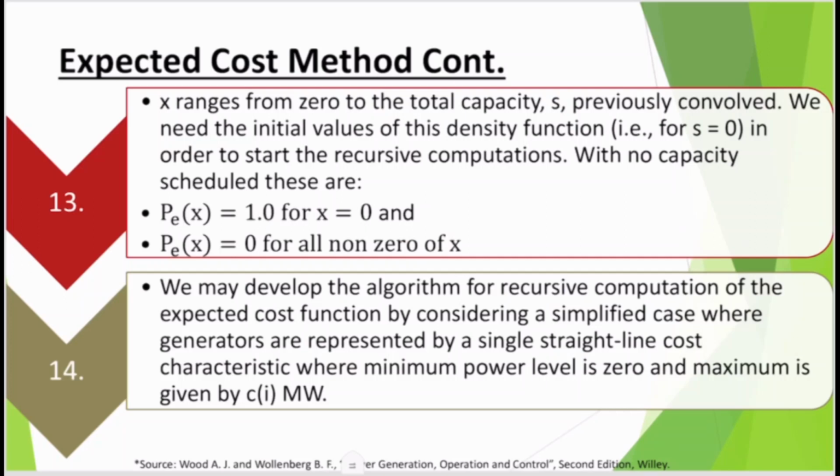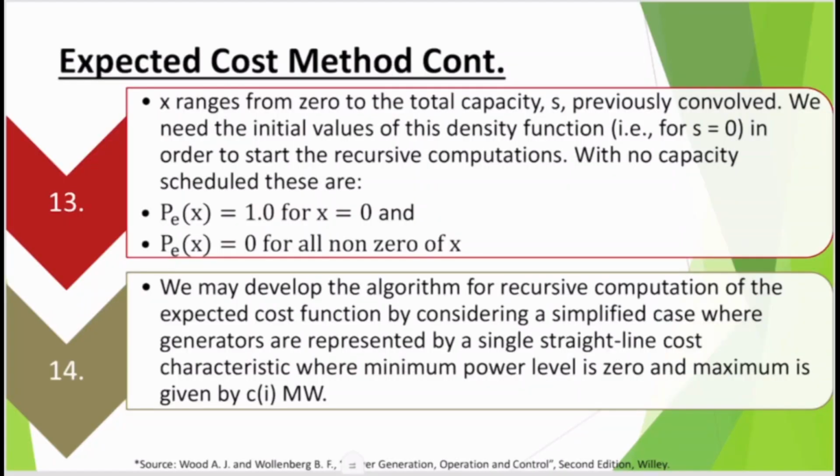We need the initial value of this density function, that is S equal to 0, in order to start the recursive computation with no capacity scheduled. These are P(X), which is 1 for X equal to 0, and P(X) equal to 0 for all non-zero values of X.